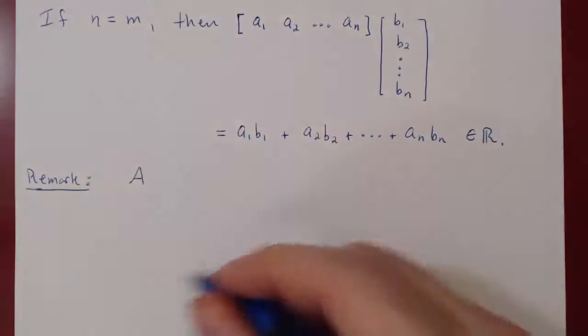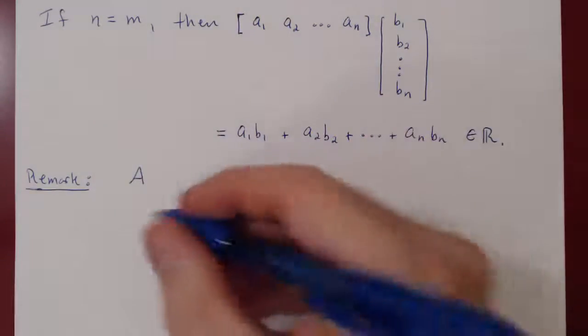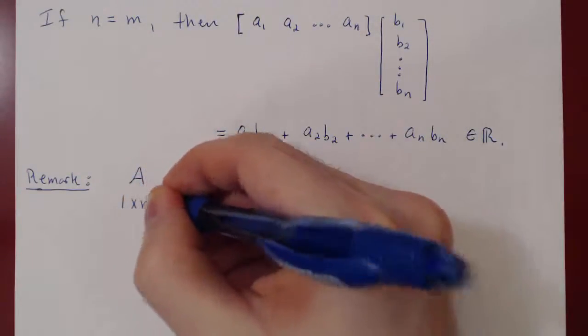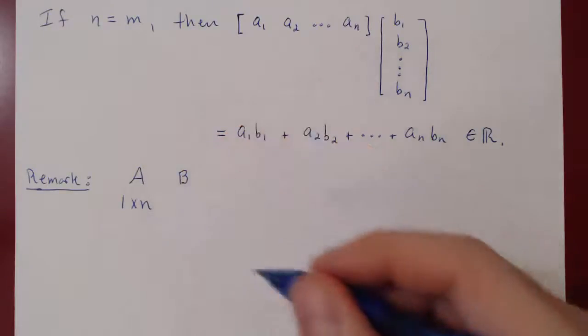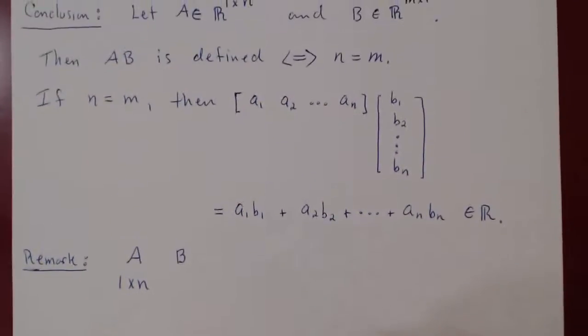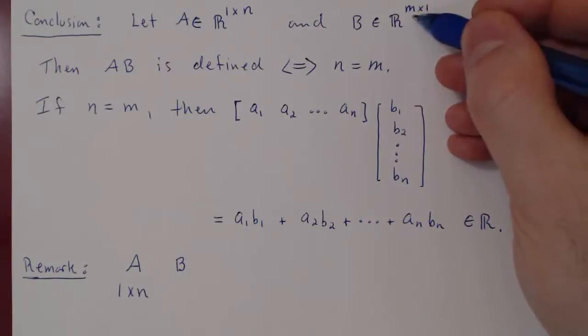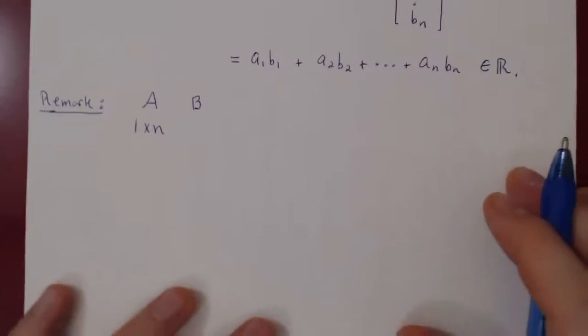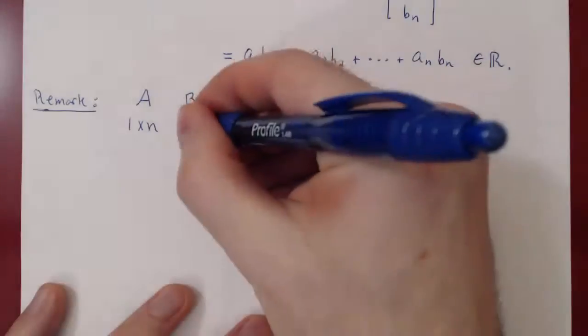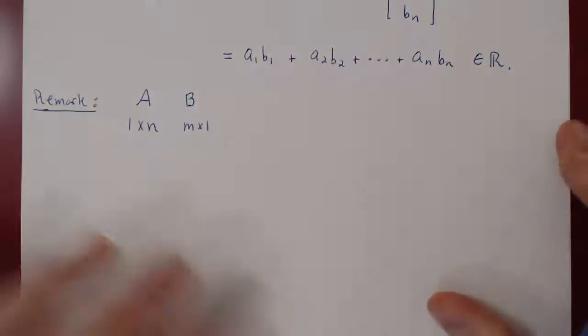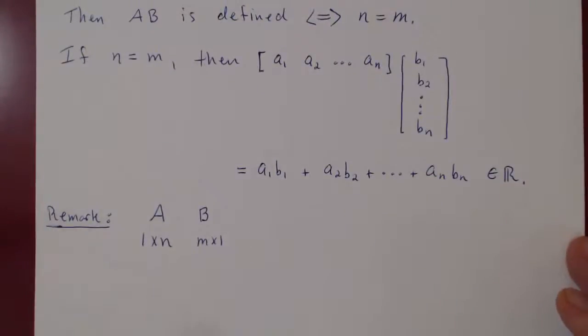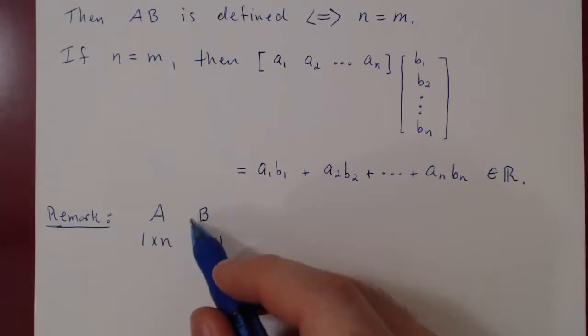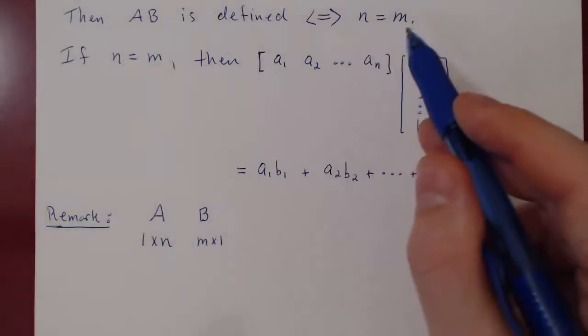So A is a 1 by n matrix, and B initially, if you go back, was an m by 1 matrix. And you see the only way for A and B to be defined is if n equals m.